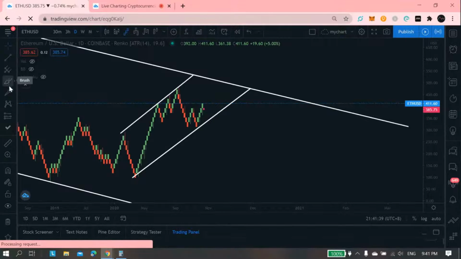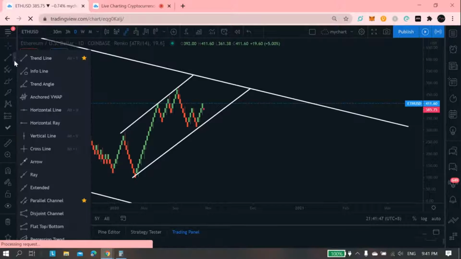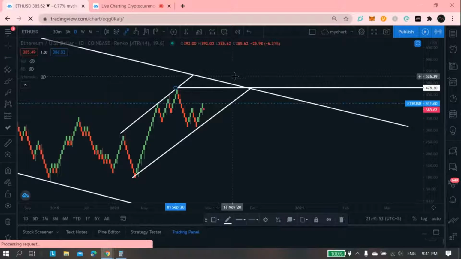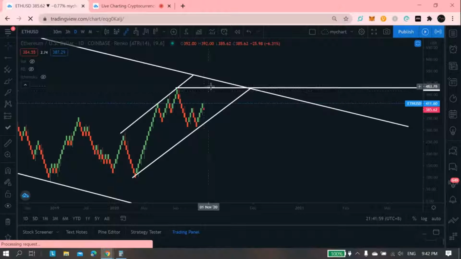Possibly the resistance I'm looking at is this previous high of around the 472 area. Is that 481? Break out to that level, we could possibly see Ethereum at the 500 area.